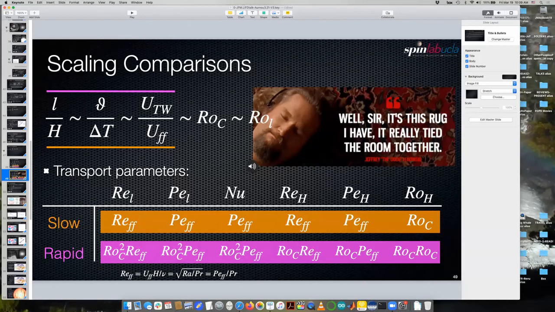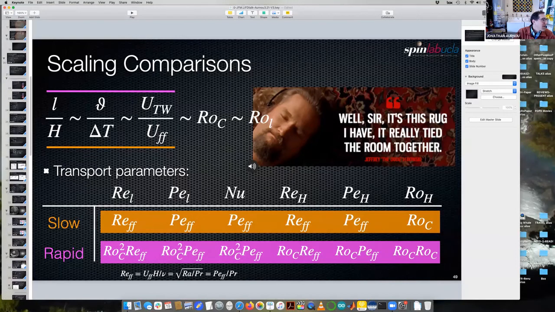Maybe the scaling follows the same rule. So are you asking, are the flows similar in the slowly rotating versus rapidly rotating cases, with structures following that ROC scaling? Do you think that they will be similar, or completely different? No, I'm claiming they are innately different.